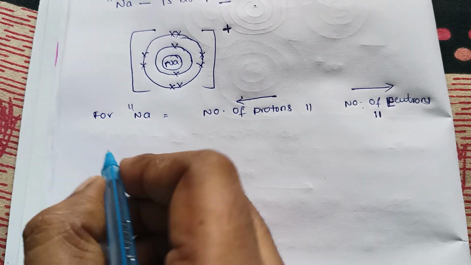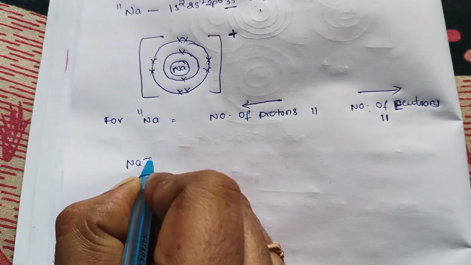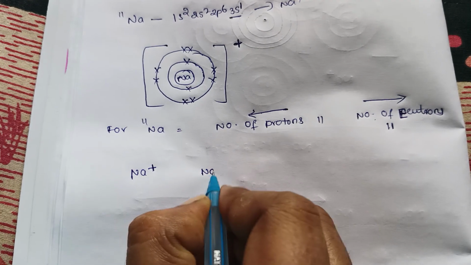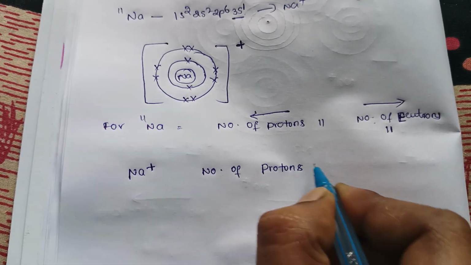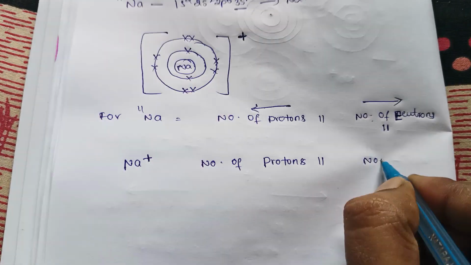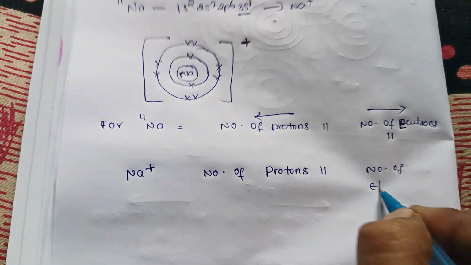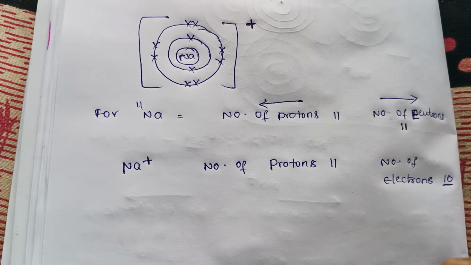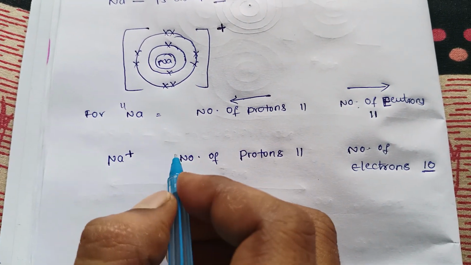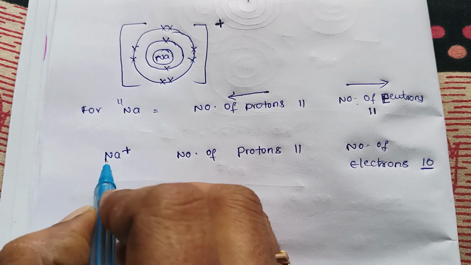If we take a sodium ion, the number of protons is 11 and the number of electrons is 10. Why 10 electrons? Because it lost one electron, so that's why it forms a sodium ion.